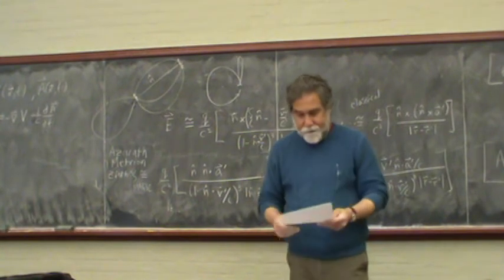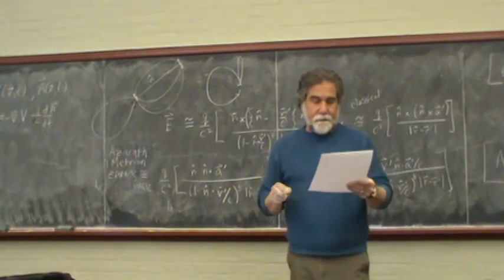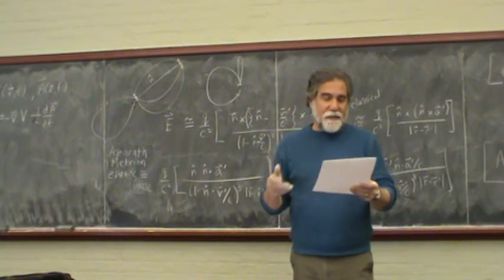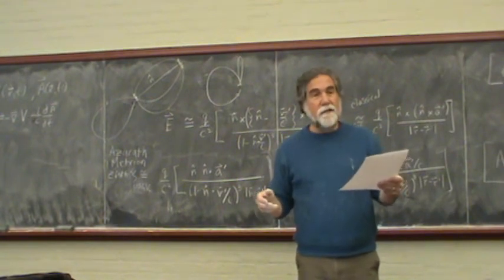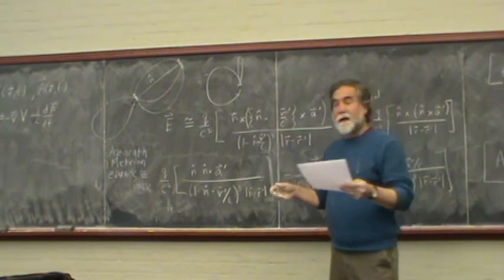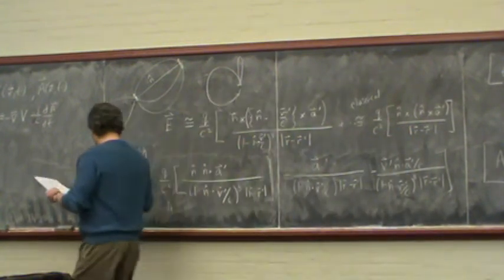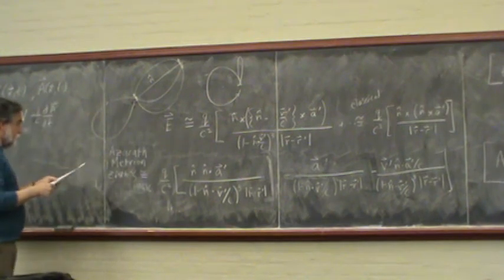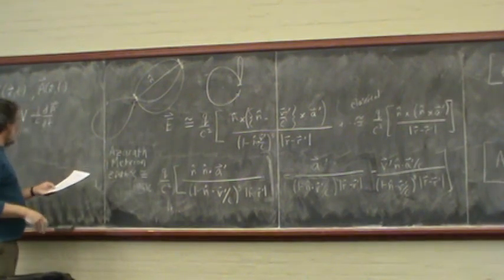Radiation pattern. I've said that, and I have a picture here, but it's not as good as the picture that I will project next time around. So as I said, there are lobes with their max perpendicular to the direction of acceleration.